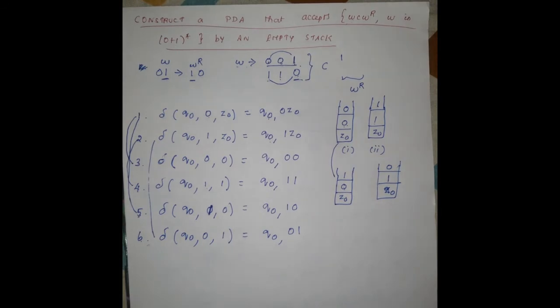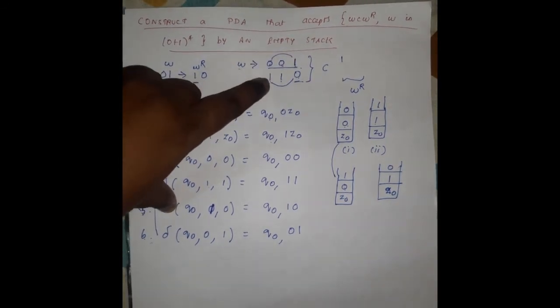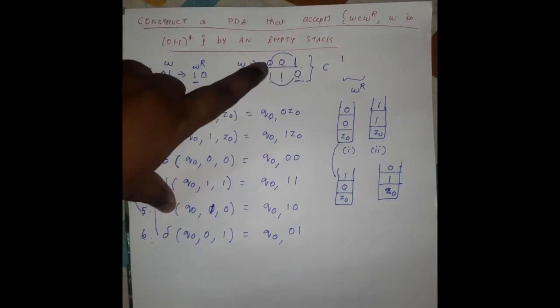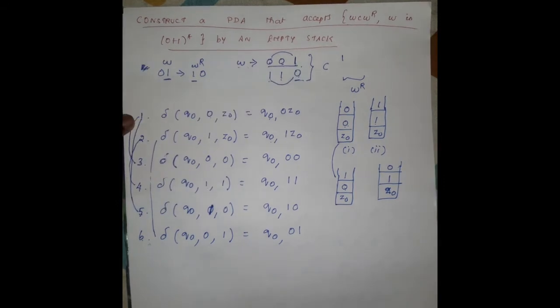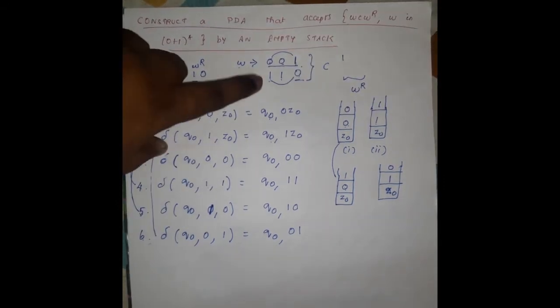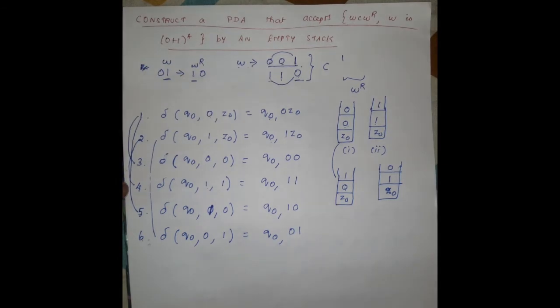So these are the possible cases of W, because it either starts with 0 or 1, and 0 is followed by 0, or 1 is followed by 0. So for 0 0 1 the steps are 1 3 5, right? Similarly, the strings that start with 1, where 1 is followed by either 1 or 0, use steps 2 4 6.